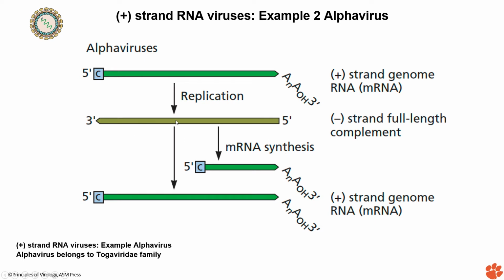Also, this mRNA acts as the template for the full-length genome. So you may ask why this is actually happening. It terminates at certain sequences because of these slippery sequences, because the RNA-dependent RNA polymerase falls off at a certain size, which basically makes these subgenomic mRNAs.